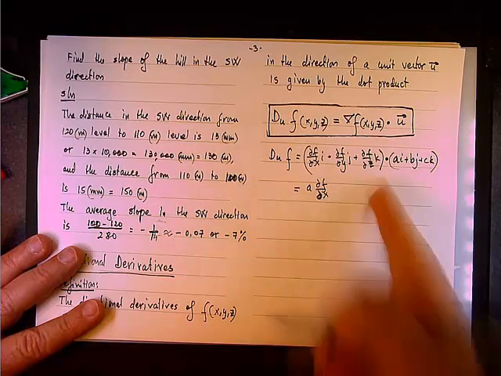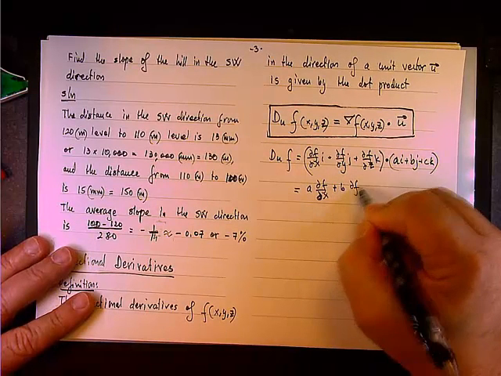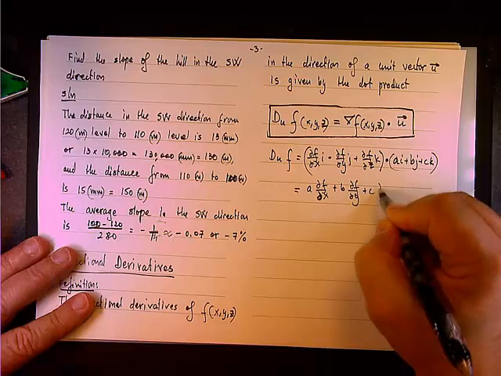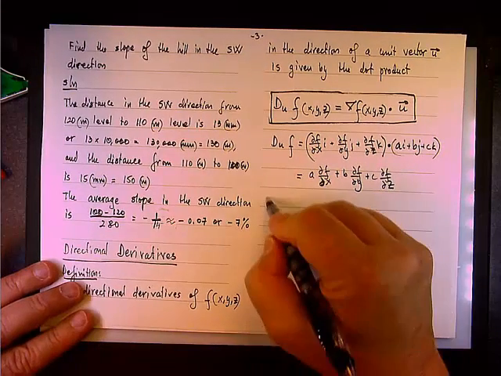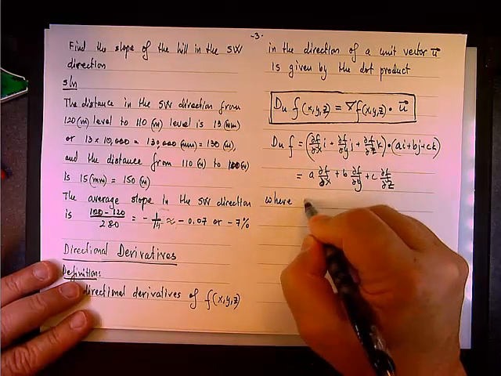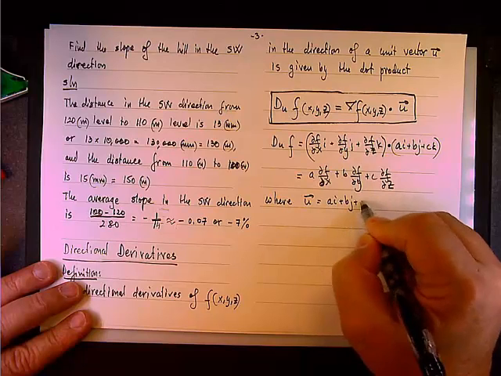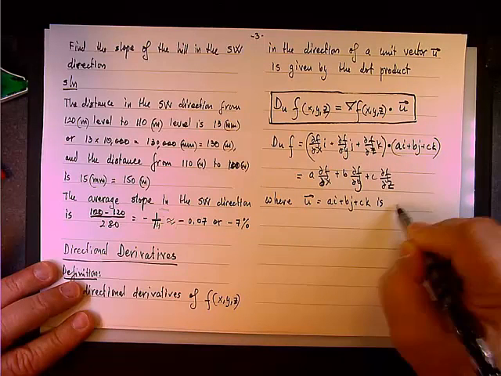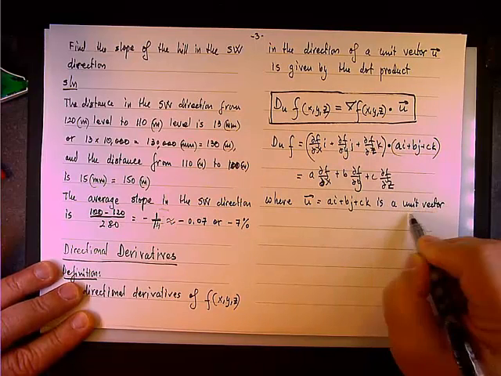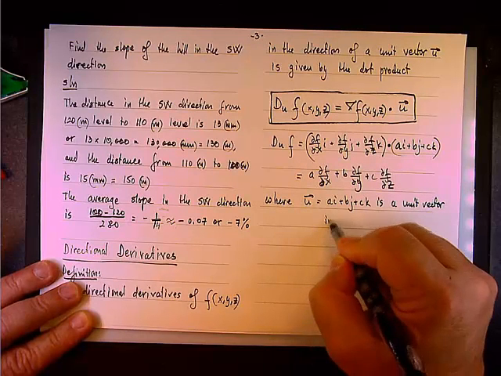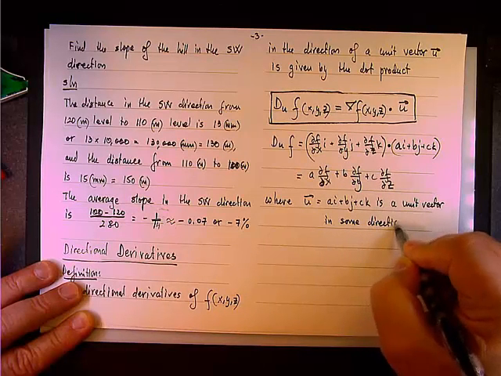So what is the result? Well, the result will be a times del f del x. The result is a dot product, so it's a scalar, plus b times del f del y plus c times del f del z. Okay, where u equals ai plus bj plus ck is a unit vector in some direction.